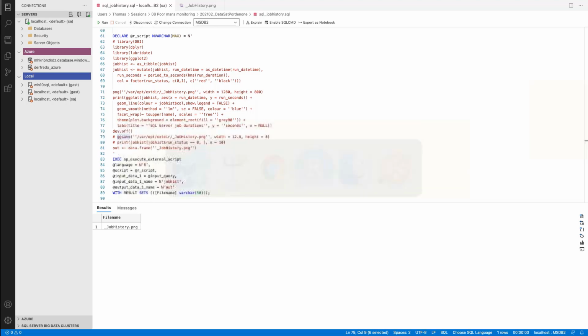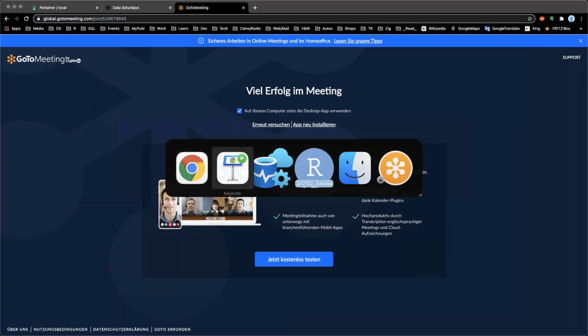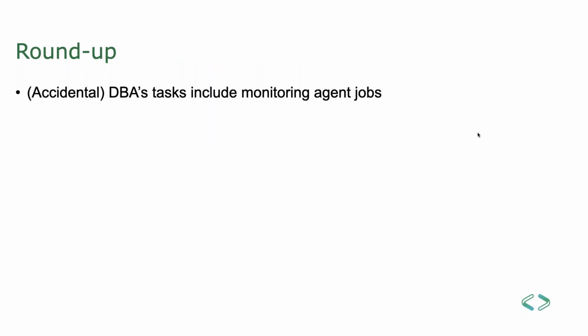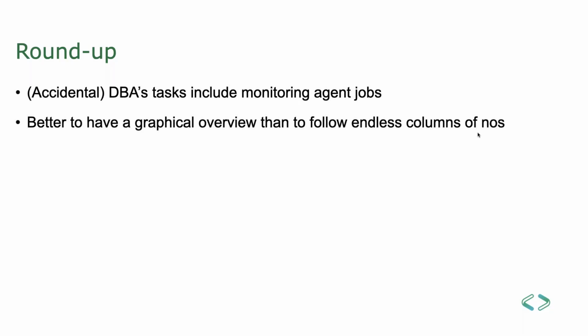Okay, so I have to do it twice all the time. ggsave alternatively. And well, we're rather fast today. So what did we see? Well, the accidental or the proper DBA tasks, of course, include monitoring agent jobs. It is what it is. I found it better to have a graphical overview than to follow endless columns of numbers.